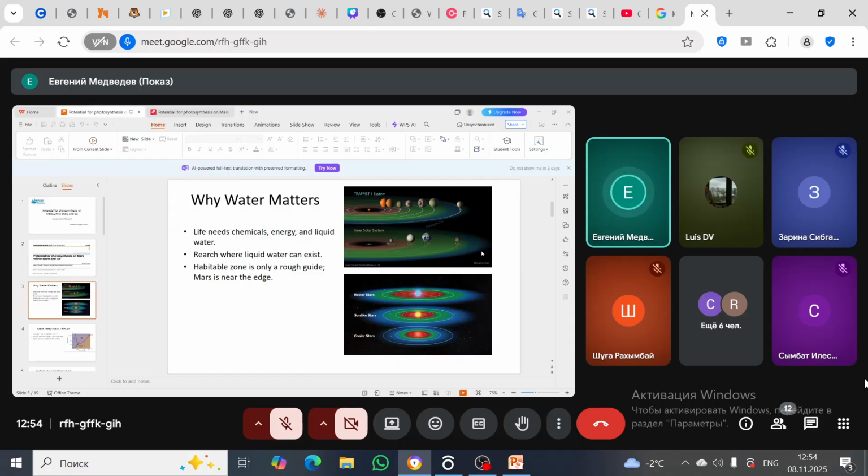We see that Mars is on the edge of the habitable zone, and we should ask where else liquid water can hide on Mars. It could be under the ground or even inside snow and ice.